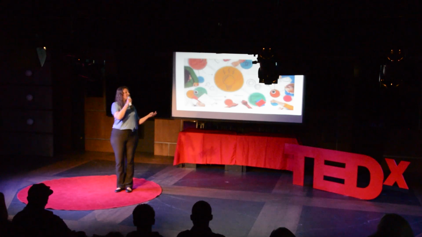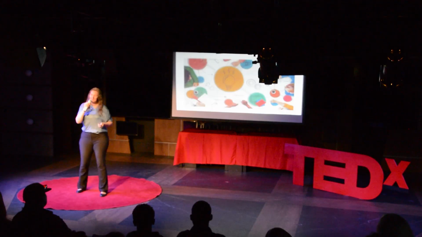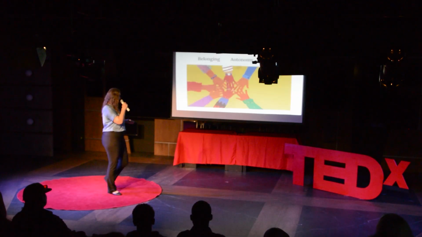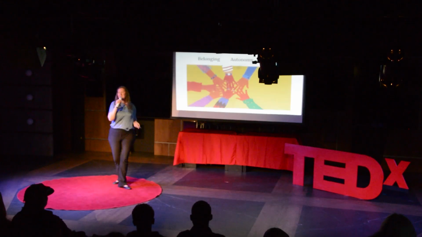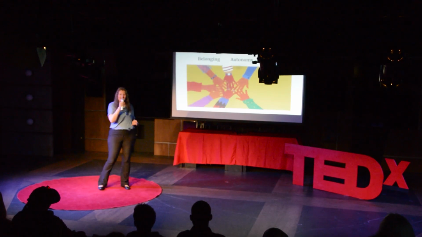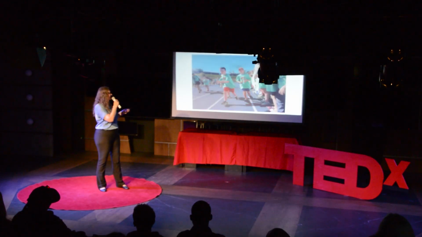So maybe it's a poster, or a video, or slides, or a reader's theater script, however they want to show what they know to their class. We can see from these examples how universal design can enhance belonging and also autonomy and agency.